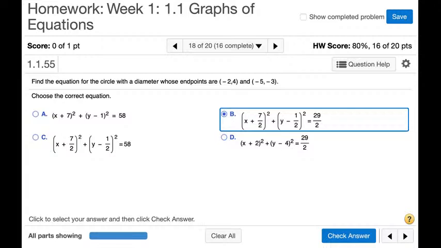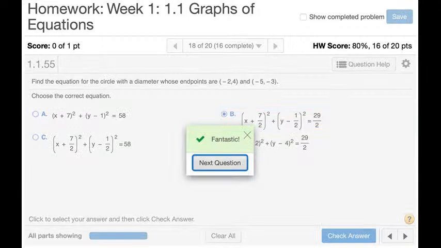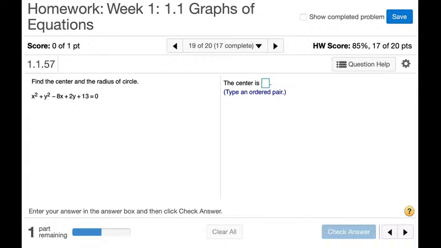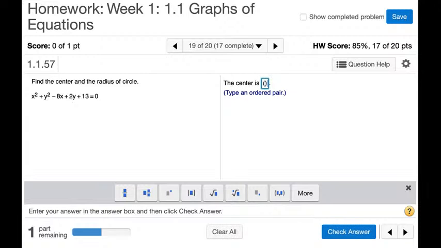Oh, let's check this answer. All right. Center. I think they're asking us to do completing the square. I'm going to try to do it quick. Let me see. Divide by 2 is -4 squared is 16. So it seems like it's x minus 4. So then the center should be 4 comma something. The second one. Comma 1.